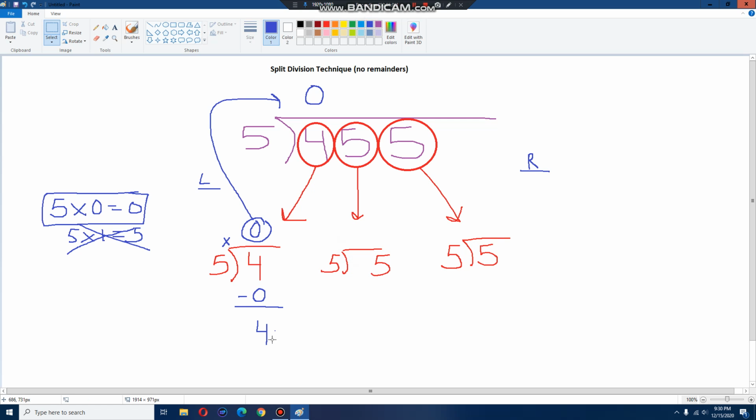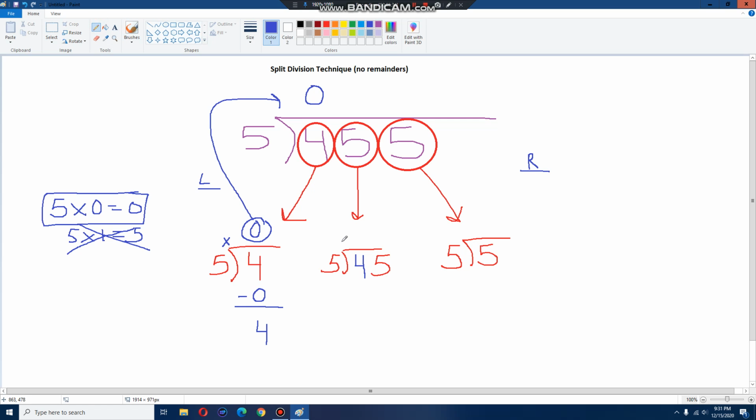So this 4 needs to go into one of these division homes, and the closest one is right over here. The 4 goes into the division box, stays with Mr. 5, and together they become 45. Very important to remember: no number should be homeless, no number should be without a friend.